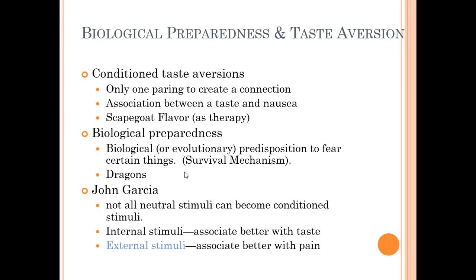You only need to pair them once. And so some things have to do with pain. Certain stimuli, if you pair them with pain, will come together automatically and you'll learn it forever, even though it only happened once.